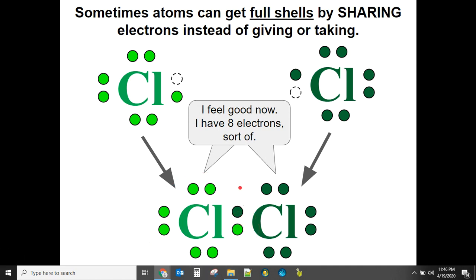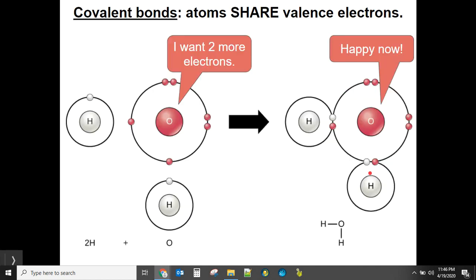So that's close enough. So they feel good now. They each have 8 electrons, sort of, but they have to share these. So we call this a covalent bond. Covalent because they're sharing, they're cooperating and sharing their valence electrons. So covalent bonds are from sharing valence electrons.